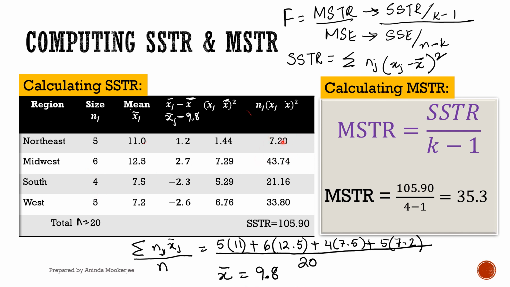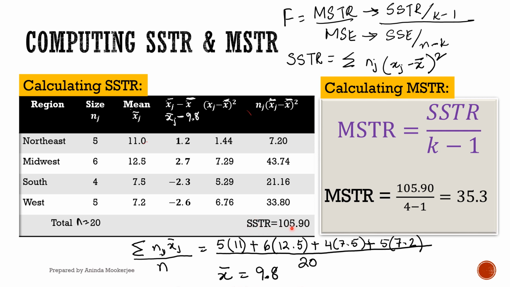So the way we got 7.20 is 5 times 1.44, n sub j multiplied by the previous column. Then it's 6 times 7.29, which gives us 43.74. Again, go to the third one, which is South, n sub j, that is 4 times 5.29, which gives us 21.16.